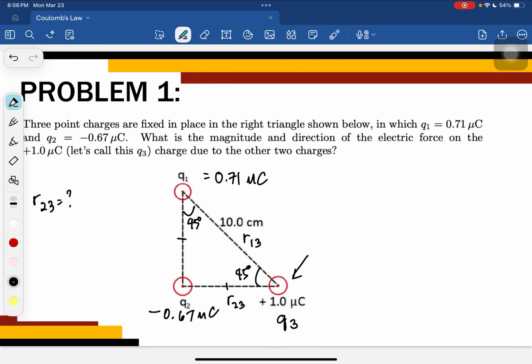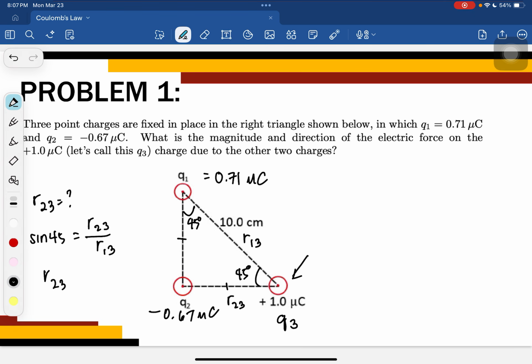How do we do that? You can solve it in a lot of ways, but the easiest, I think, would be sine. SOH CAH TOA, remember? Sine 45 is equal to R23 all over R13.